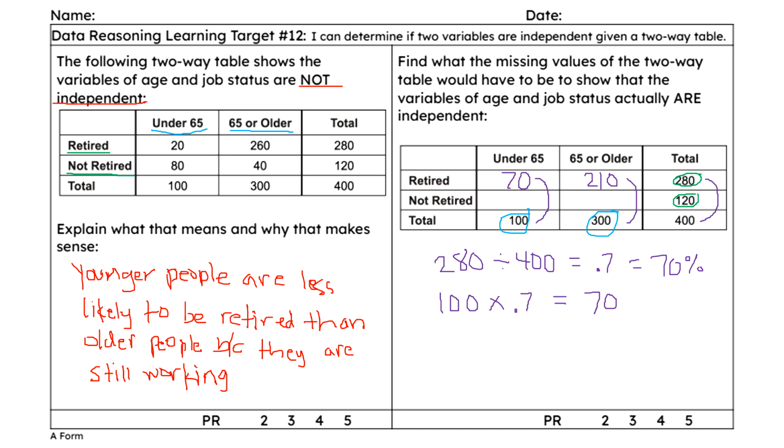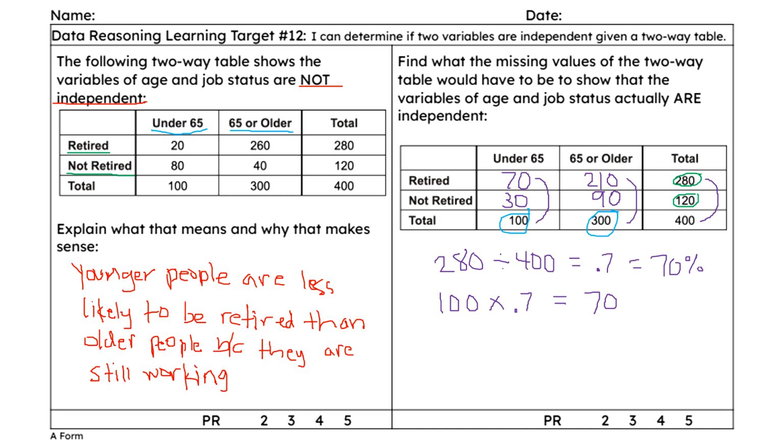And from here, I can just subtract and say, well, 70 said retired, so 30 needs to say not retired. And then from 210 to 300, that's going to be 90 that has to say that they're 65 or older and not retired. So once you find out one of those, then you can just subtract away from the totals to find the remainder. So that's one way you could do it, is from the totals from the side.